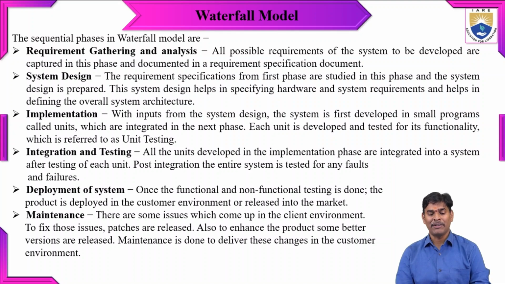So we have discussed requirement gathering and analysis. It means all the possible system and software requirements to be developed are captured in this phase. There should be brainstorming between the different experts and the stakeholders.